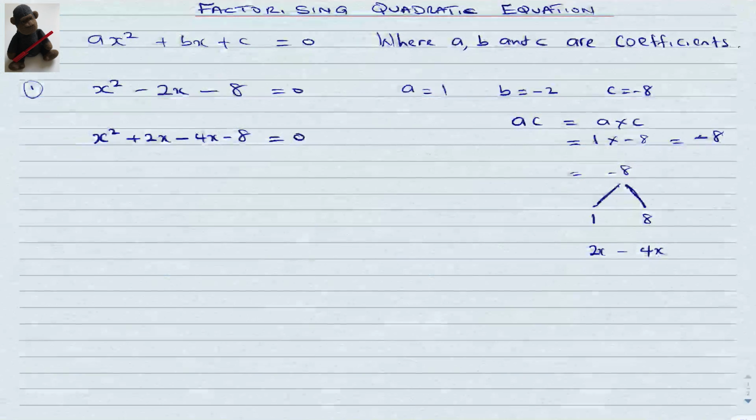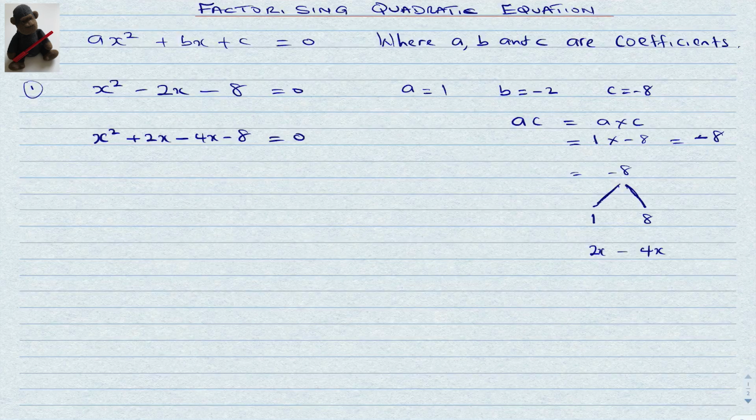Now I need to factorize the first 2 terms here. So x is common, so I'm going to get x plus 2. So I've taken x out from the first 2. I will leave the minus in front and take the 4 out.